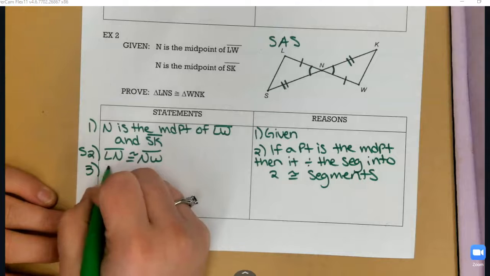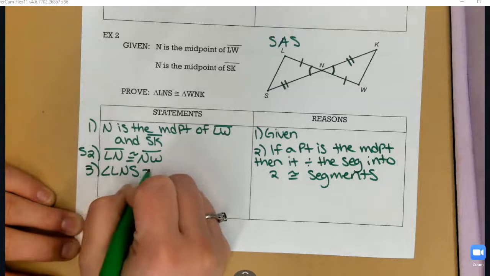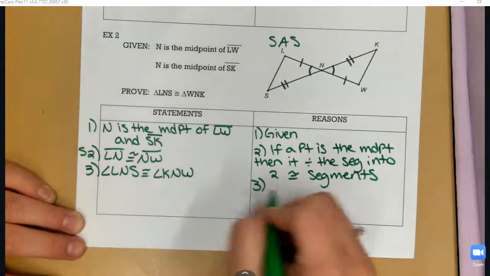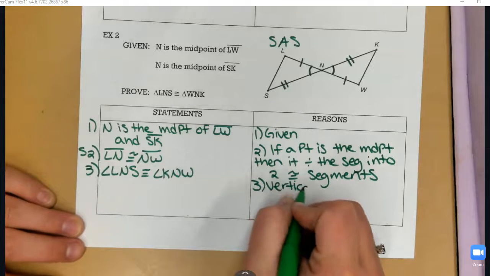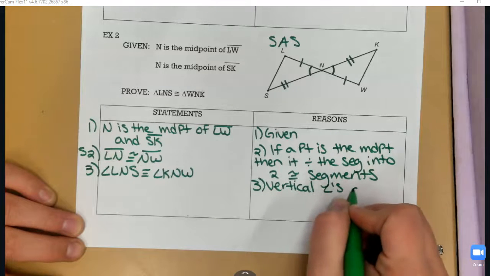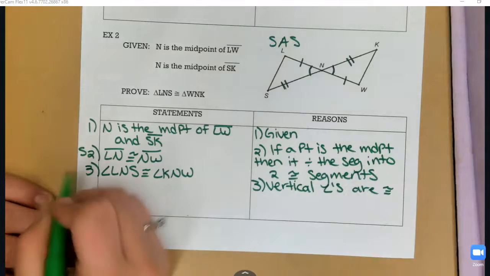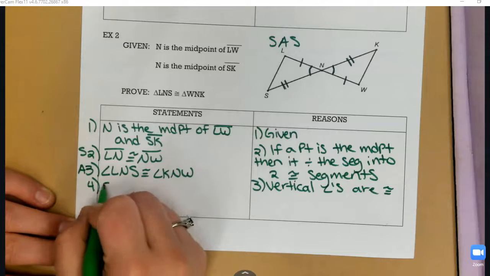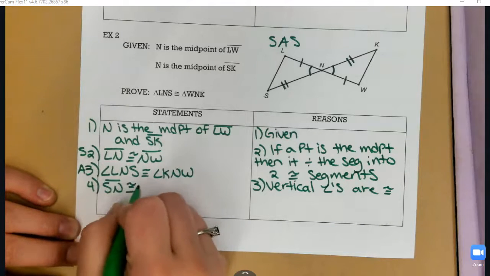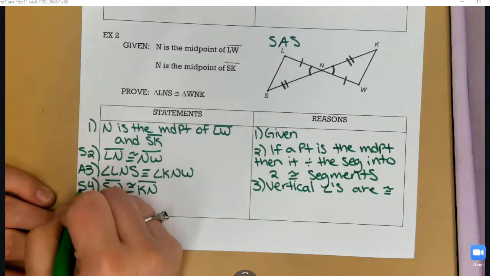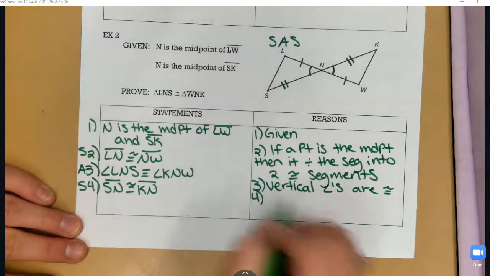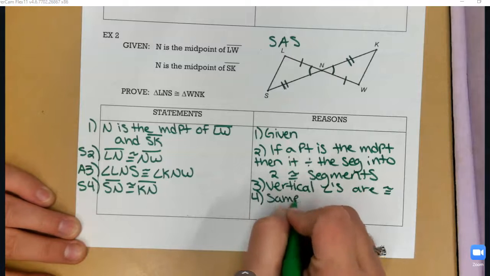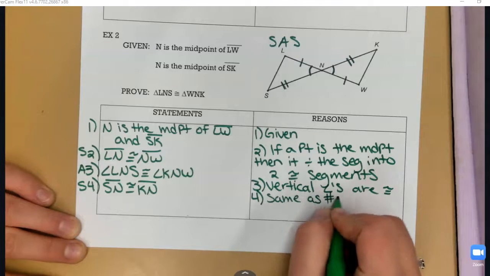Now I want to show my angles. Angle LNS is congruent to angle KNW because vertical angles are congruent. So there's A. Then my next side is that SN is congruent to KN because if a point is the midpoint, it divides the segment into two congruent segments, or I'm just going to say same as number 2.